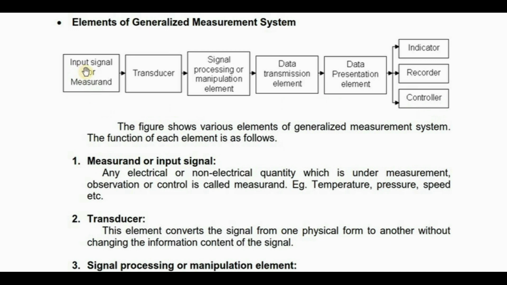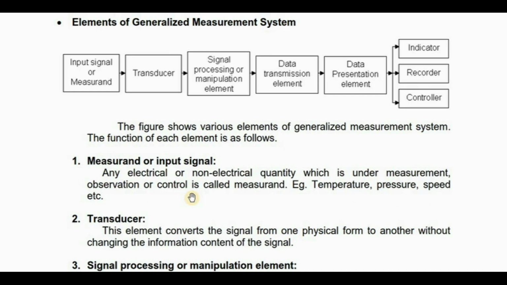So first of all, the input signal or measurand. What you see here, the measurand or input signal, is any electrical or non-electrical quantity which is under measurement, observation or control. For example, it may be temperature, pressure, speed, etc. So the unknown quantity that you are going to measure may be an electrical or non-electrical quantity.